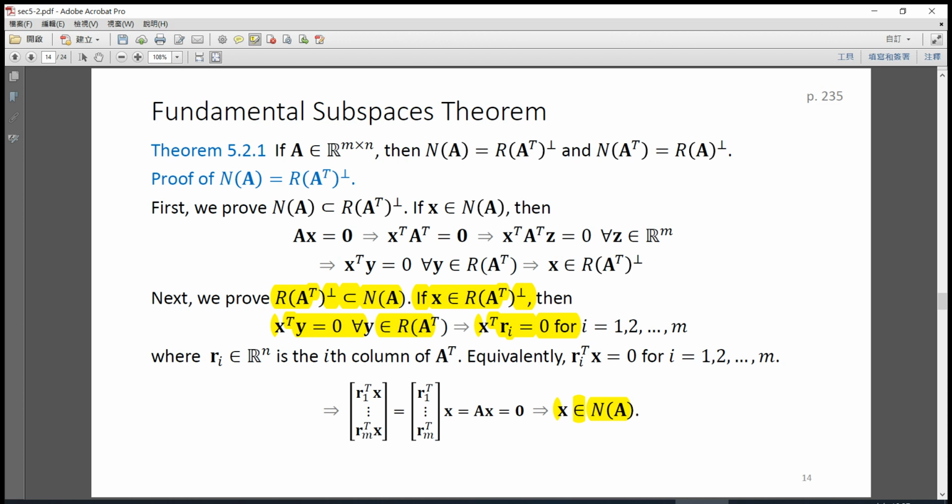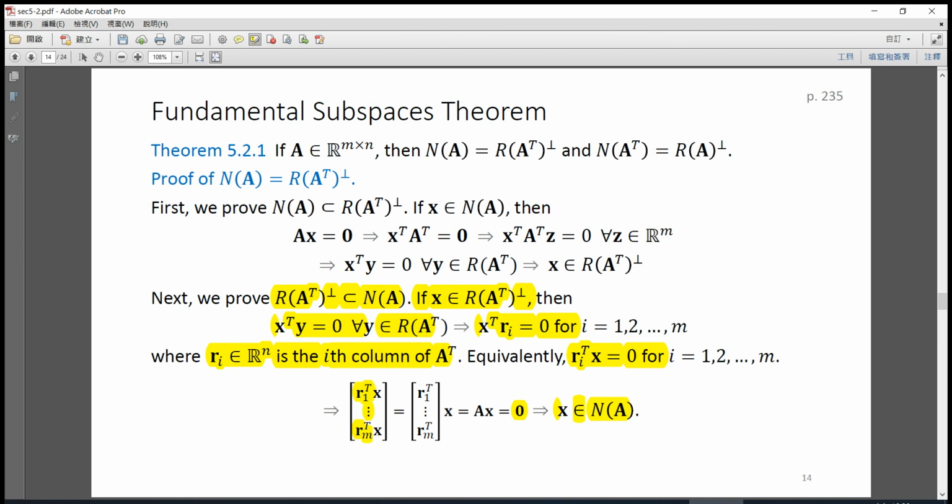Here, r_i is the ith column of A transpose for i from 1 up to m. If we take transpose of the right hand side and the left hand side, we obtain r_i transpose x equals 0 for i from 1 up to m. And if we stack the equalities vertically, then we obtain r_1 transpose x, r_2 transpose x, up to r_m transpose x equals the zero vector.